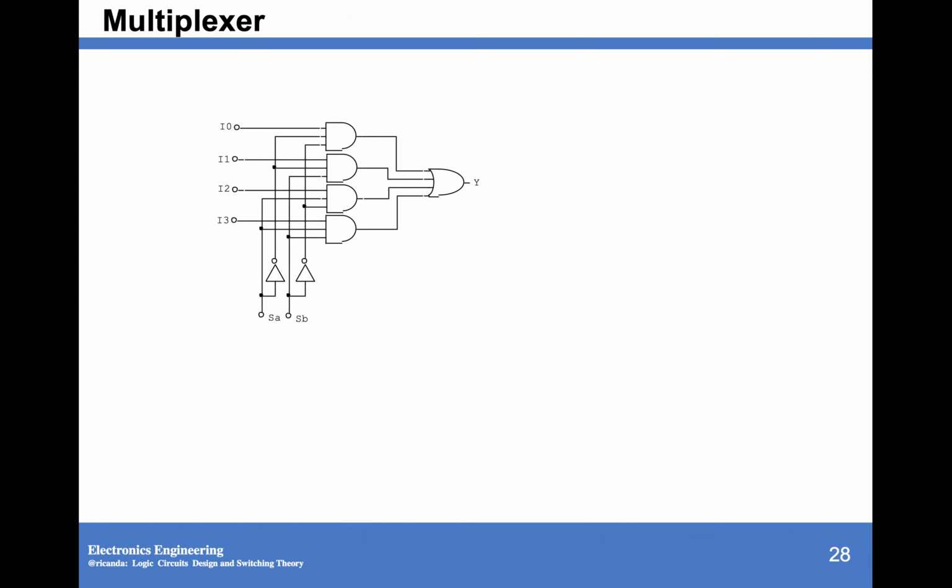So this is your logic circuits of your multiplexer. We have multiple inputs and a single output and your selector. To determine the number of your inputs is through your selectors. If you have 2 selectors, it means you have 4 inputs. If you have 3 selectors, it means you have 8 inputs. So this is your block diagram.